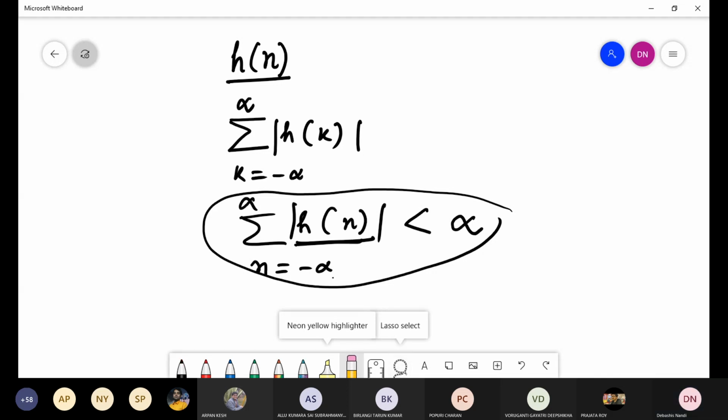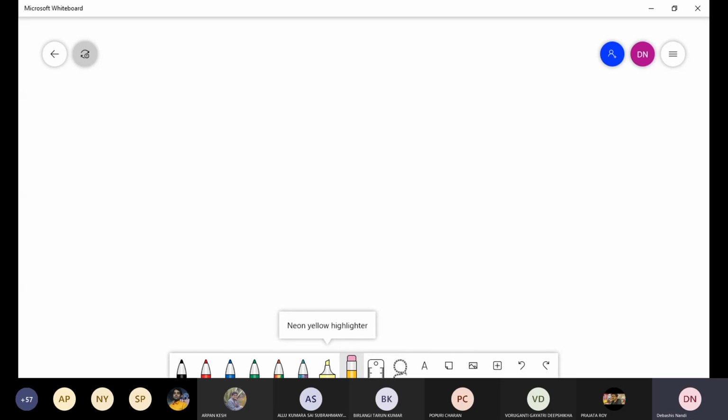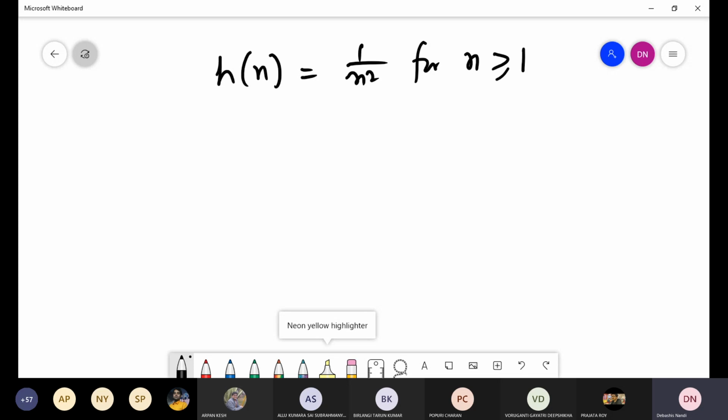For example, if I say that hn is equal to 1 by n square for n greater than 0, or you can write n greater than or equal to 1.